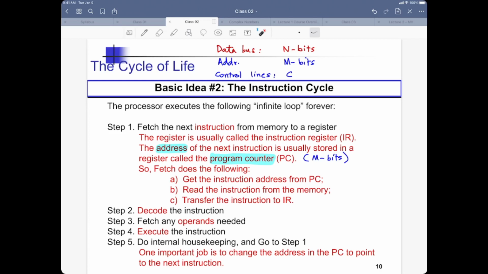You want me to do addition, subtraction, so there is a certain number of opcode bits dedicated for that. And the number of opcode bits is going to dictate the number of operations that your computer can carry out. Suppose you have 3 opcode bits, then you can only carry out 8 instructions, right? So you're going to need a lot more bits for the opcode field in order to carry out more than 8 instructions.